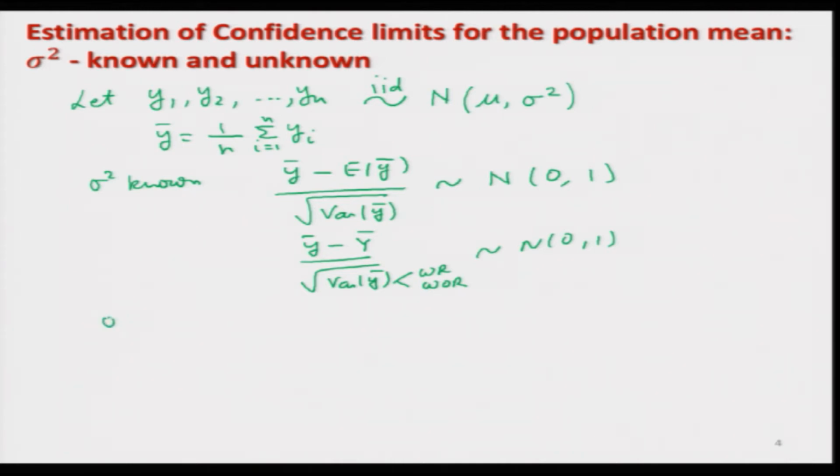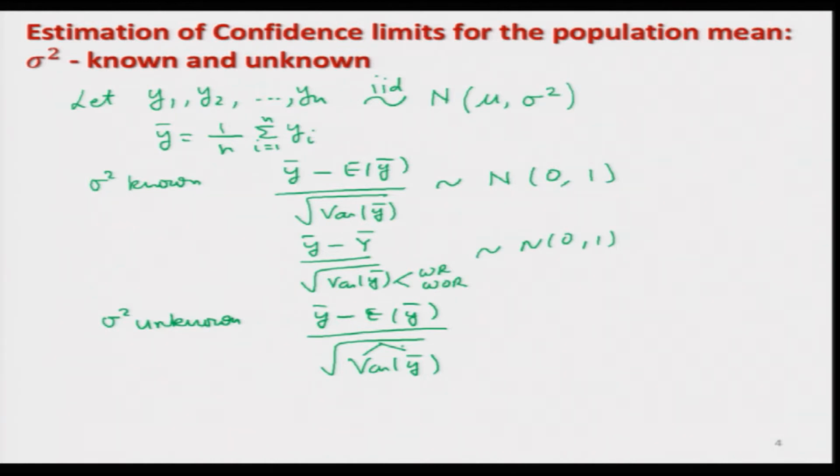And similarly, when sigma square is unknown, then in that case the quantity small y bar minus the expected value of small y bar divided by the square root of the variance of y bar. But this variance of y bar cannot be computed because sigma square is unknown, or equivalently capital S square is unknown. So, this can be replaced by its estimator.